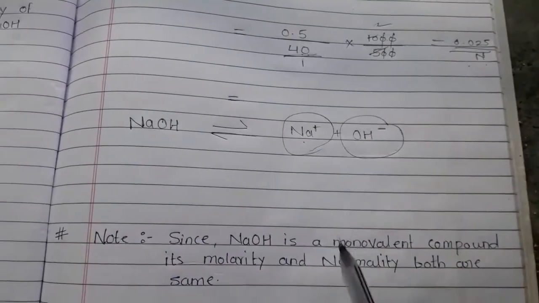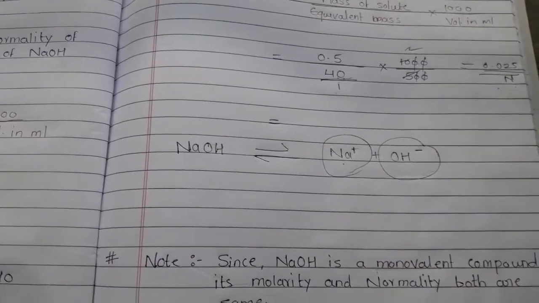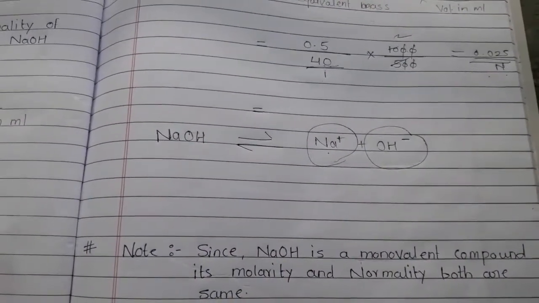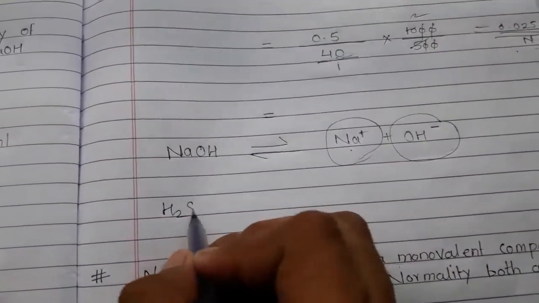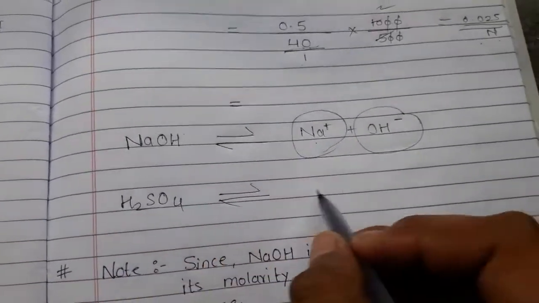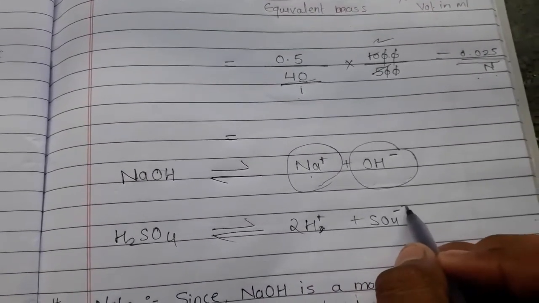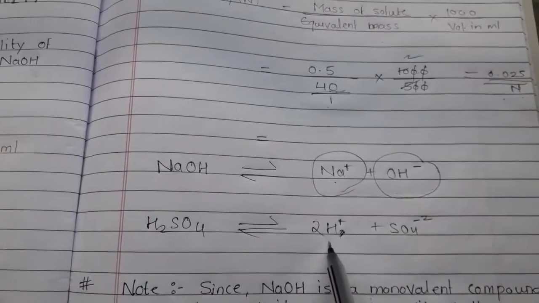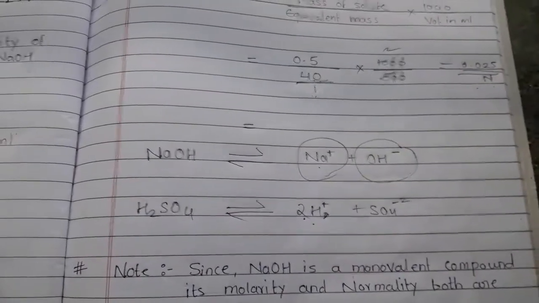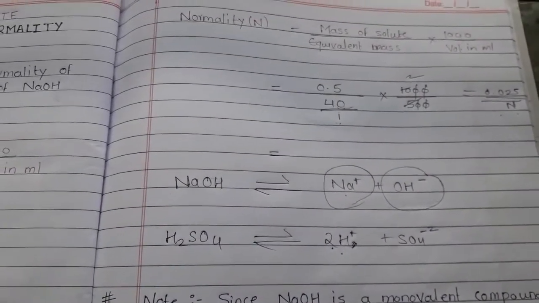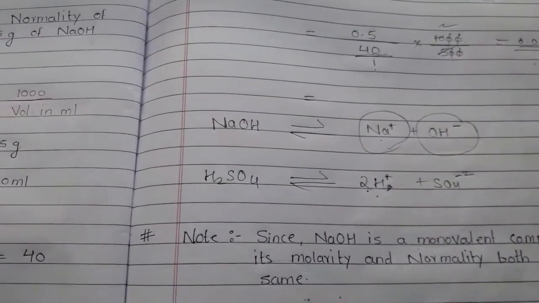Therefore the molarity and the normality of NaOH are the same. A monovalent compound will have the same molarity and normality, but if our compound is bivalent, for example H2SO4, it will give us 2H plus ions plus SO4 minus ions, so in this case we will divide by 2. So in case of a bivalent compound, molarity and normality will vary, but in case of a monovalent compound, normality and molarity will be the same.